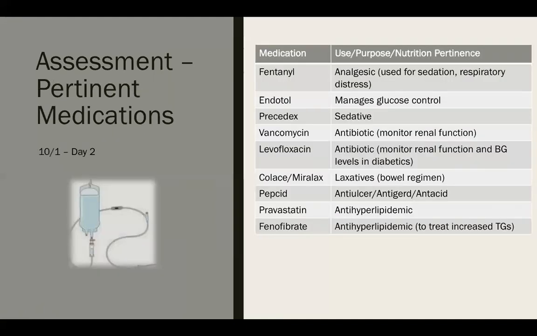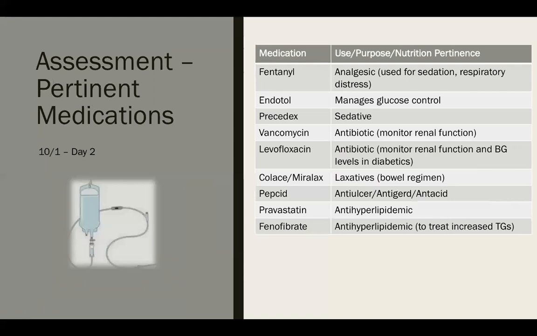All right, and then when we go through our assessments with our patients, we always write down the medications that are pertinent to nutrition, and also just important to know that a patient is on. So here we have fentanyl, which is used for sedation and respiratory distress. We have Endotool, and that manages glucose control. Precedex, which is a sedative.